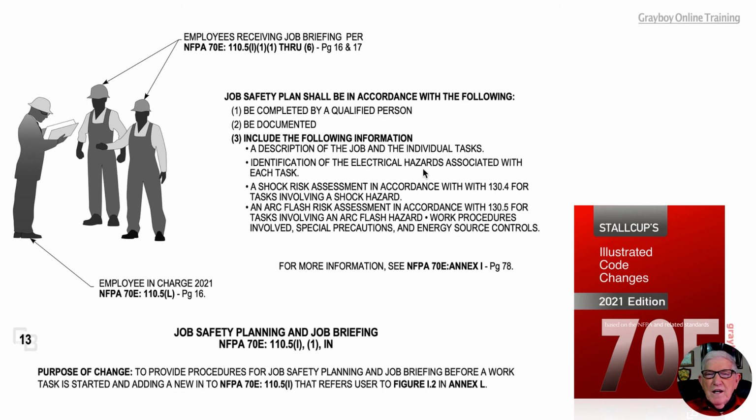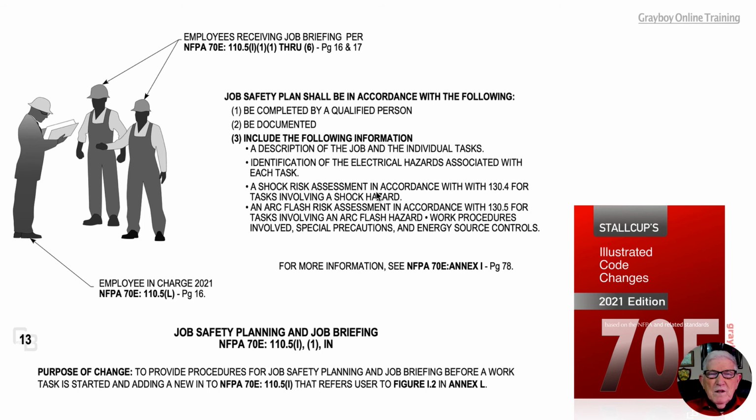Identification of electrical hazards associated with each task. Is there more than one task that could involve hazards, or just one task, period? A shock hazard assessment in accordance with 130.4 for the task involving a shock hazard.